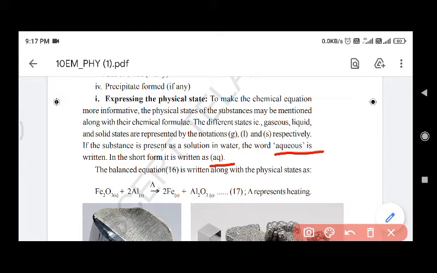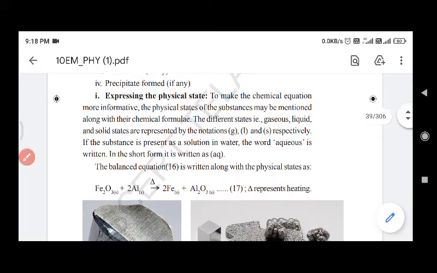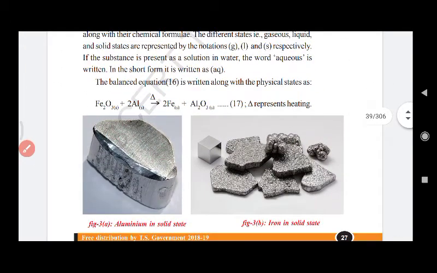Its physical state we represent as aq within brackets. Like this way we express the physical state, and then our chemical equation becomes more informative.